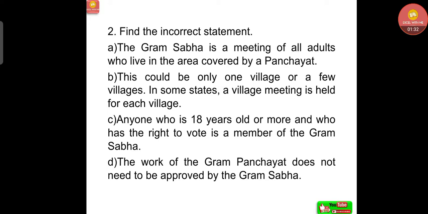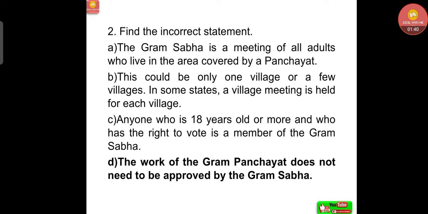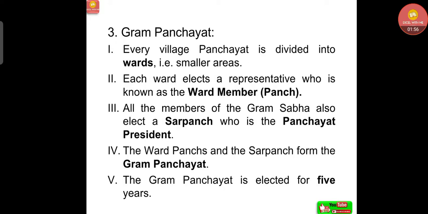D. The work of the Gram Panchayat does not need to be approved by the Gram Sabha. Answer, option D. The work of the Gram Panchayat does not need to be approved by the Gram Sabha is the incorrect statement, because the work of the Gram Panchayat has to be approved by the Gram Sabha.